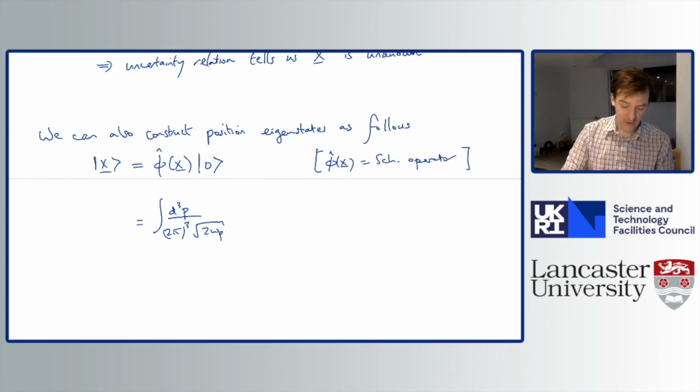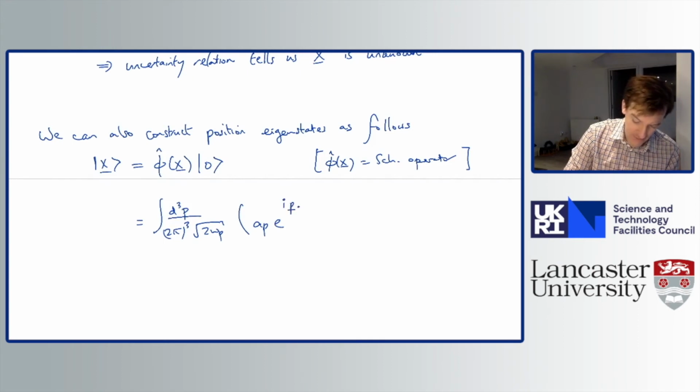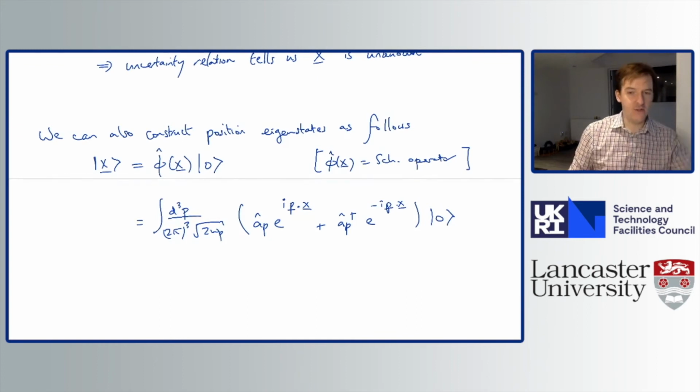Let's actually look at what this is by using our expansion of phi in terms of the creation and annihilation operators. Here we have p dot x, and these are three-vectors because this is in the Schrodinger picture. We want to act on the state 0.